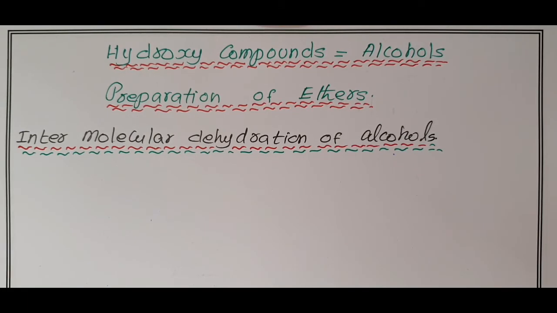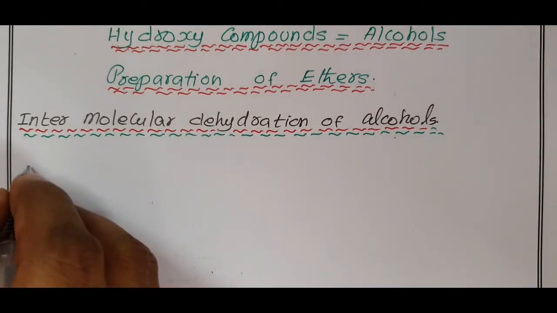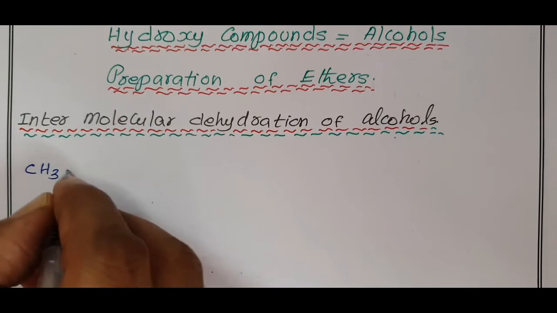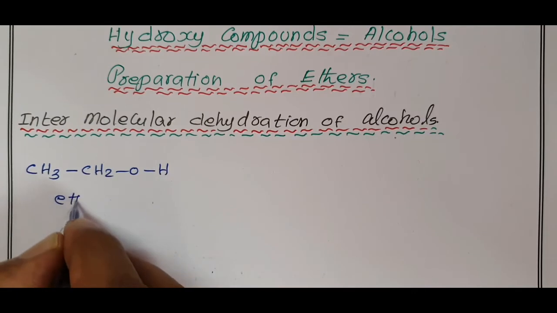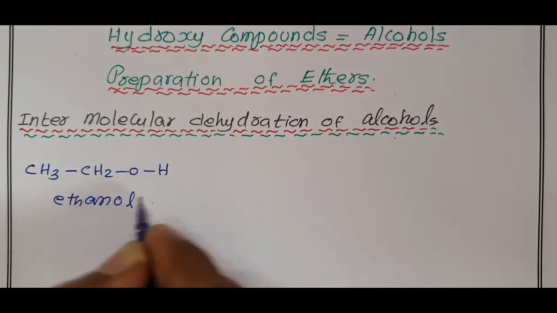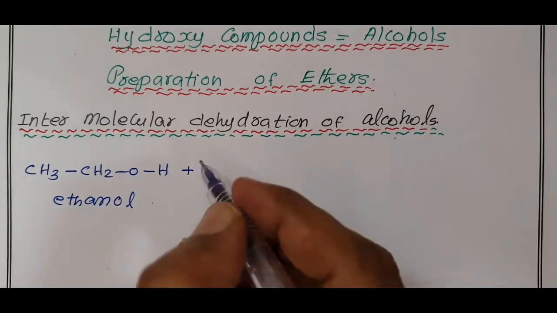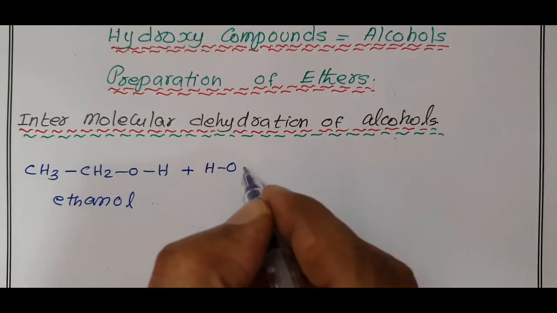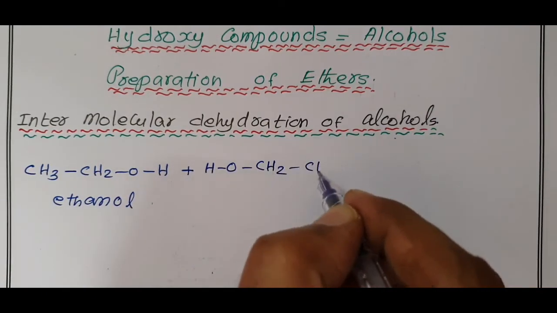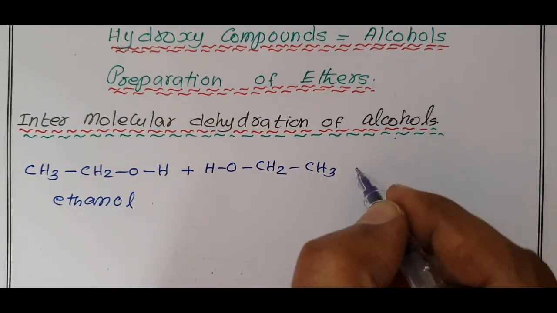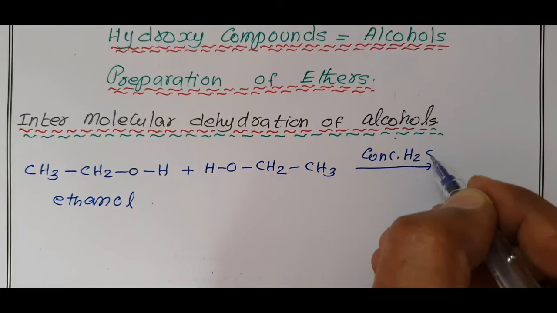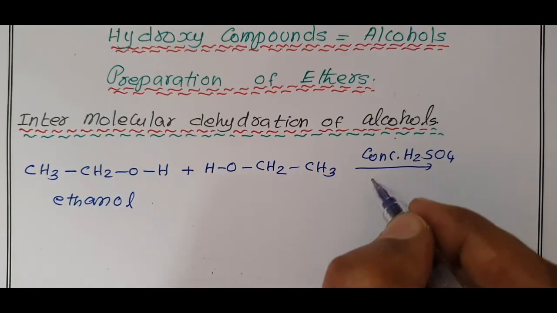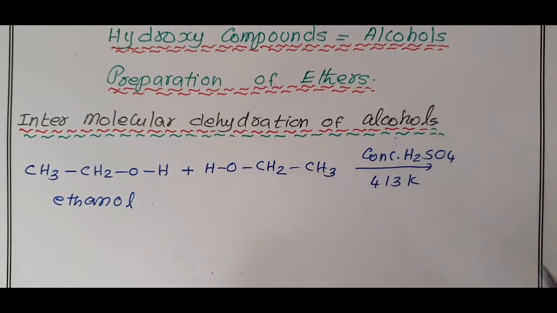Take two molecules of similar alcohols, a 2 carbon alcohol, ethyl alcohol or ethanol. CH3CH2OH plus another molecule of ethanol, HOCH2CH3, when treated with a dehydrating agent, concentrated sulfuric acid H2SO4, and heated to 413 Kelvin.